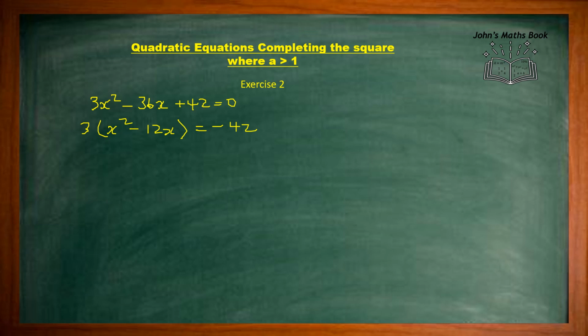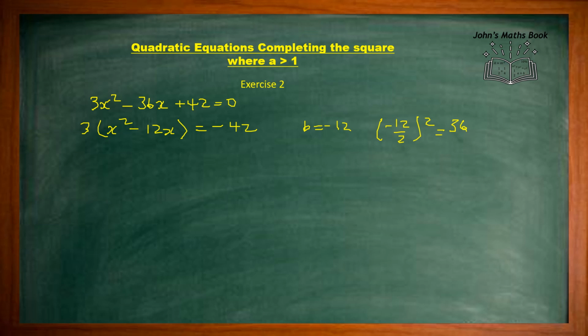So to complete the square, we have to take b, which is equal to minus 12. So it's b divided by 2 all squared. So minus 12 divided by 2 all squared. So that's 144 divided by 4, which is equal to 36.